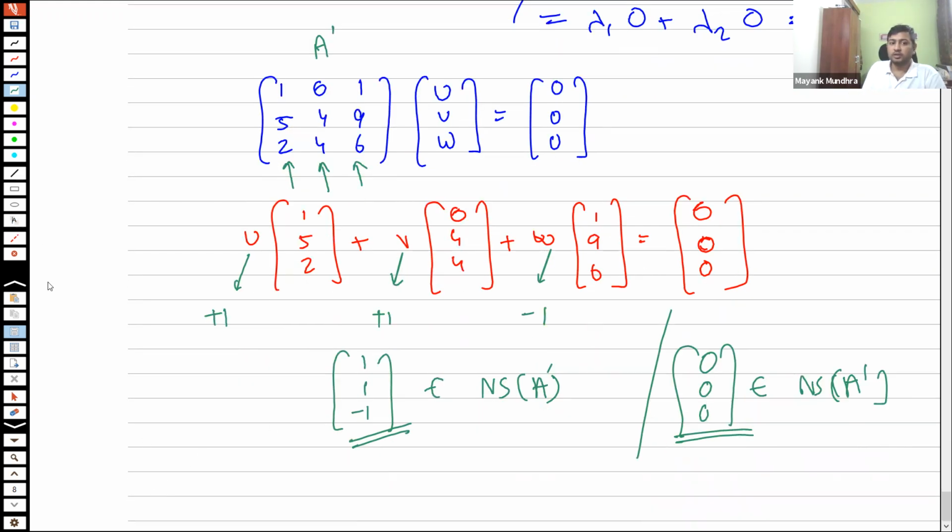So if the column vectors are independent, it implies that the null space of any matrix A is basically just the 0 vector.